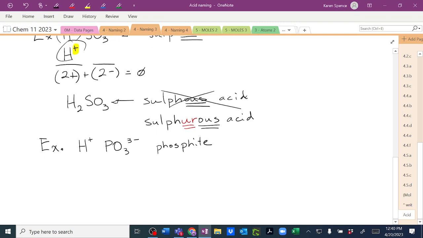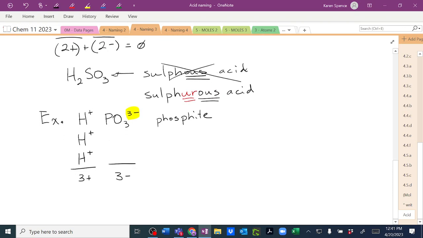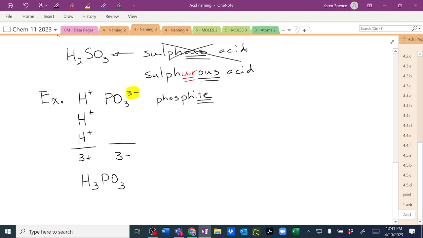How many H pluses do we need to go with our PO3 3 minus? We need 3 of them because that's going to give us 3 positive that balances out the 3 negative. All right, so our formula then for our acid is H3PO3, and we need to take the ite and turn it into ous.